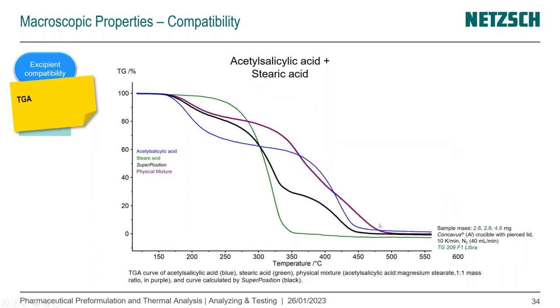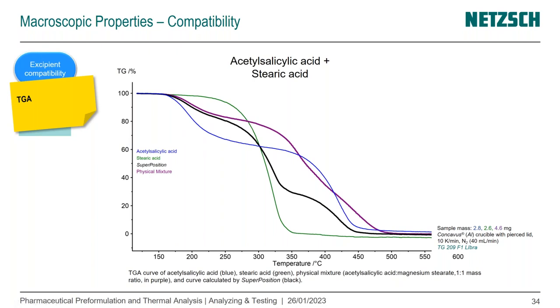But what we have here in purple is something totally different. So acetylsalicylic acid and stearic acid also interact in a bad way. So they are not compatible, and we have to avoid the use of both materials together. This is also a classic example of incompatibility.